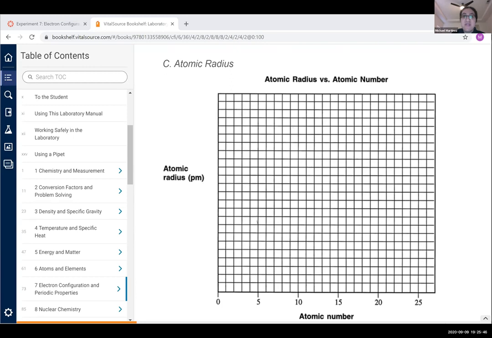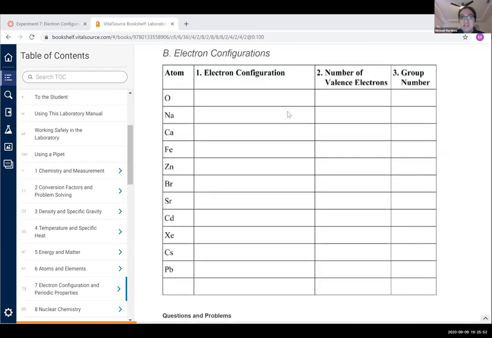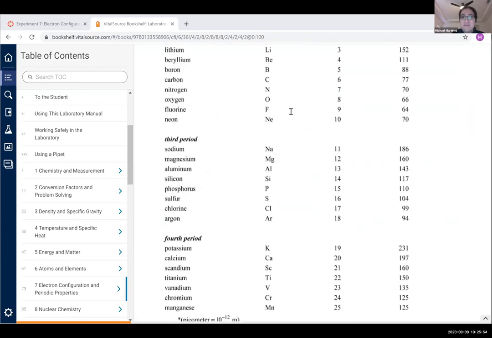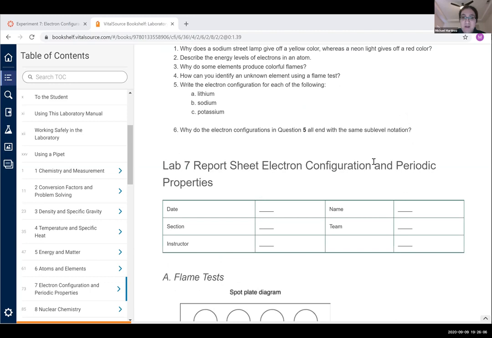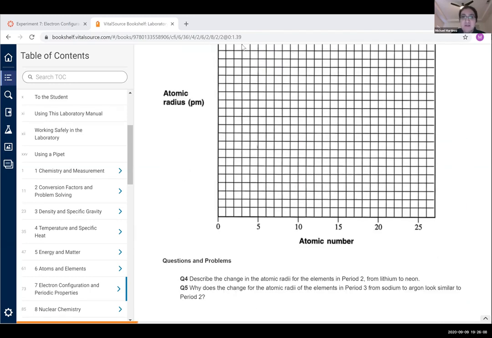To give you an example of what this would look like, hydrogen has an atomic number of 1 and a radius of 37. Helium has an atomic number of 2 and a radius of 50. So I'm going to go to my chart and fill in my data points.